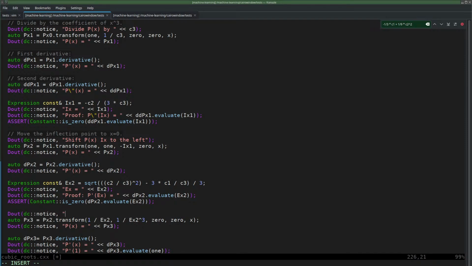What am I doing here? I'm doing two things at once. Scale the x-axis by a factor of ex, so that the extrema will be at plus and minus 1.